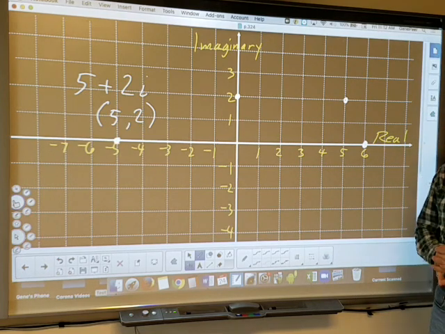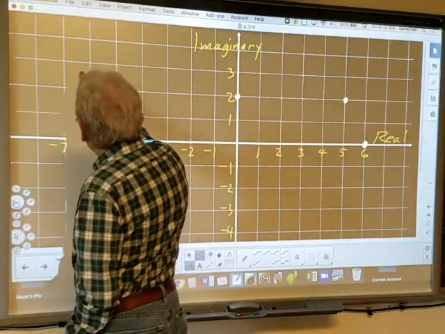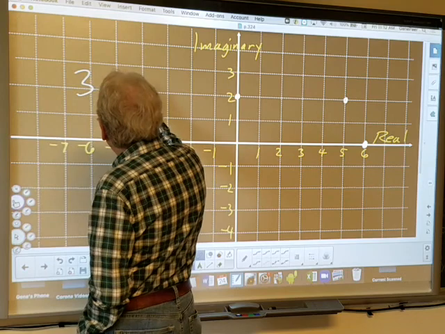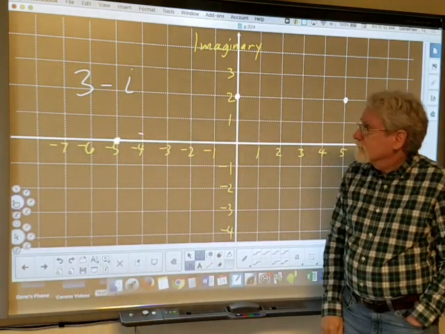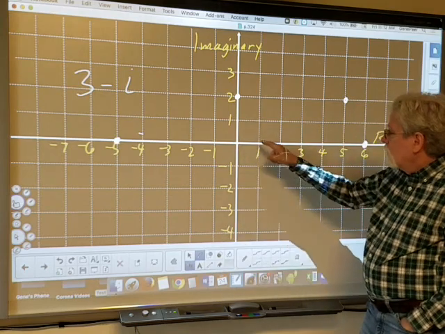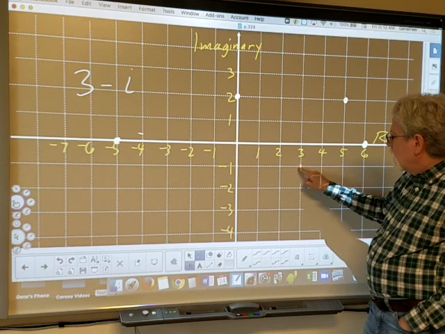We can graph them. If I wanted to graph, how about 3 minus 1i? 3 minus i. We would locate that at 1, 2, 3 on the real axis, minus 1i on the imaginary axis.